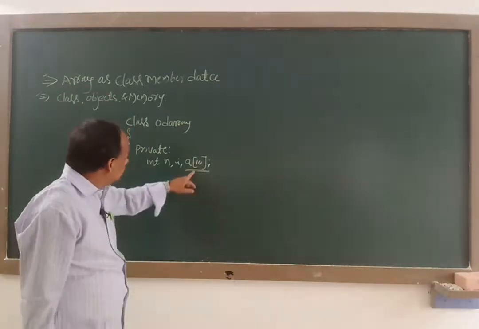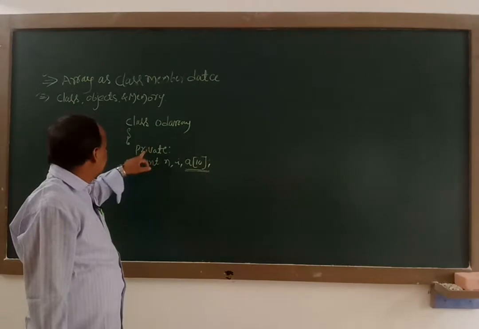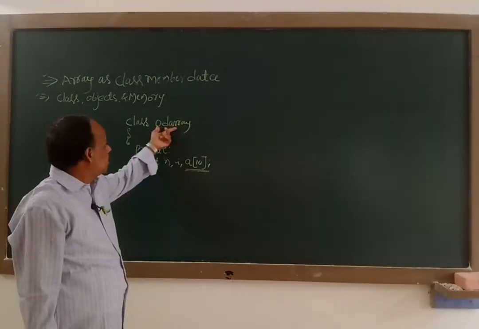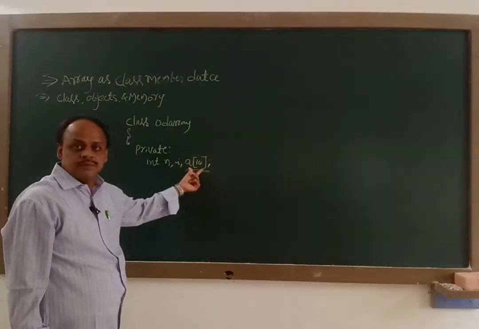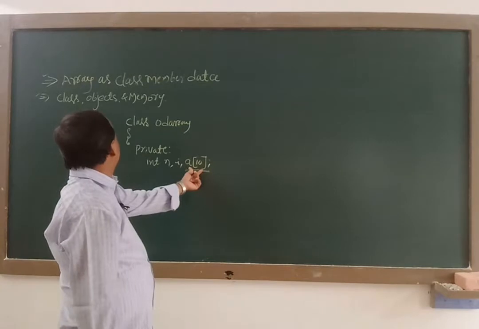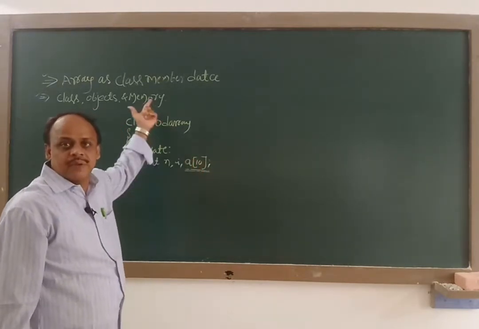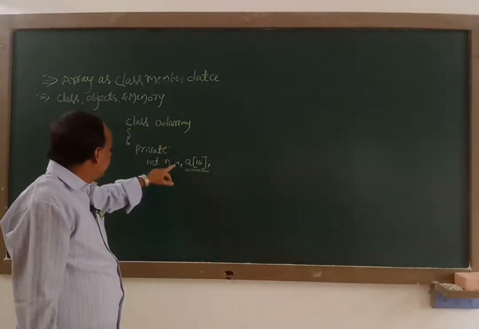Just observe here where I declared this array in private section of class called OD array. It means array as class member data. This is the topic. Array as class member data.